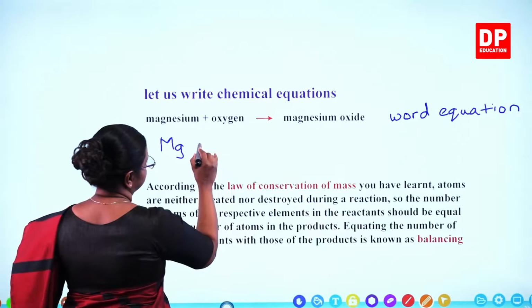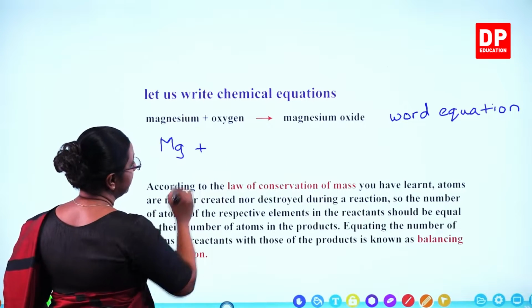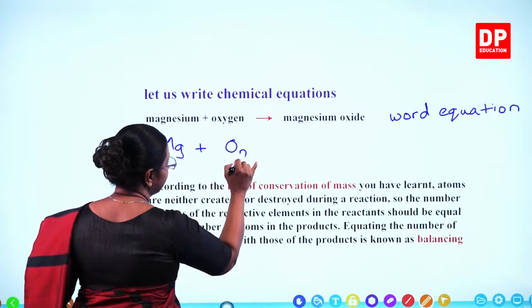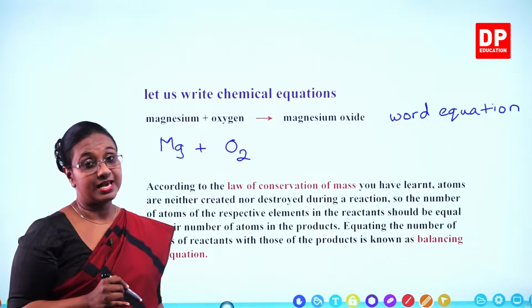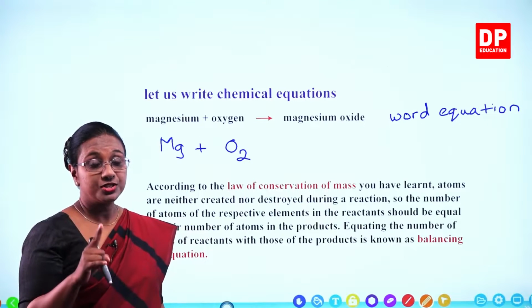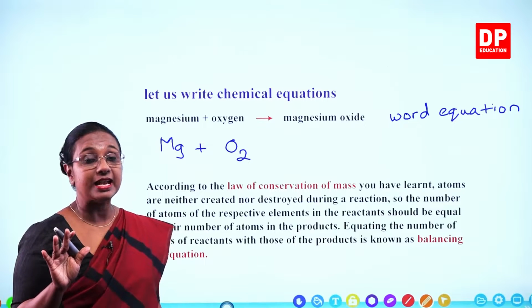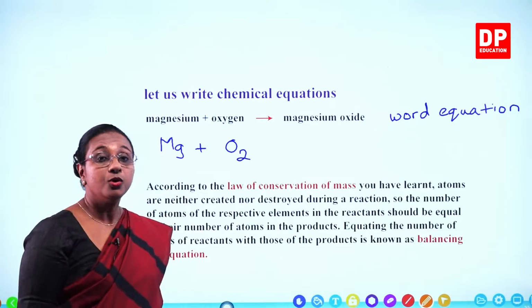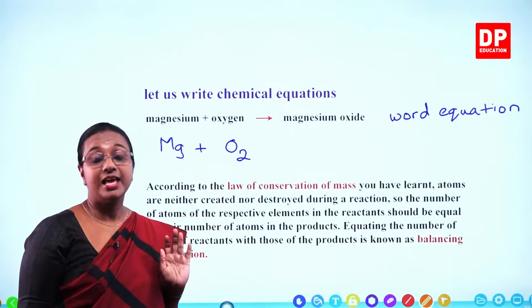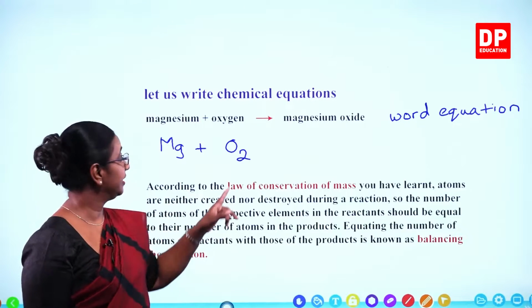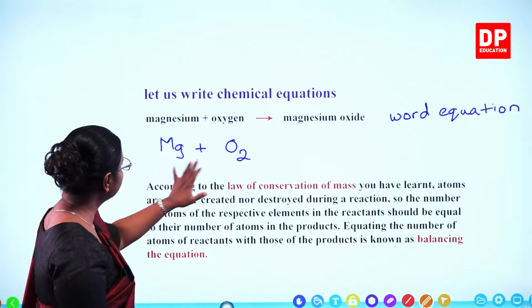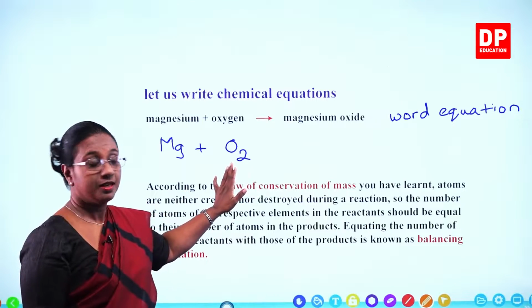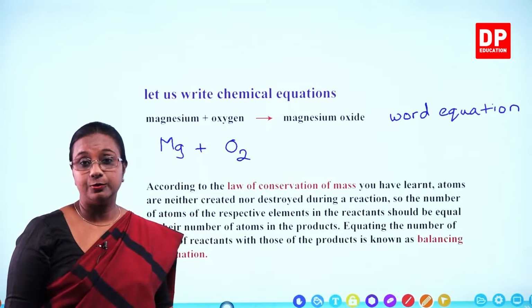Whereas oxygen, now you have to use the plus sign. Oxygen exists as a diatomic gas. You all can remember that. Oxygen belongs to group 6. It's a diatomic gas. It's present as O2 molecules in air. So we have to write it as O2. Now here you can see we get more information than writing the word equation.